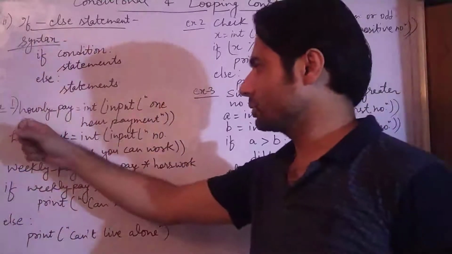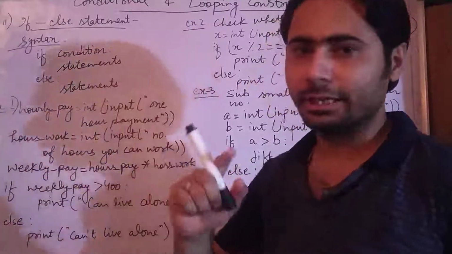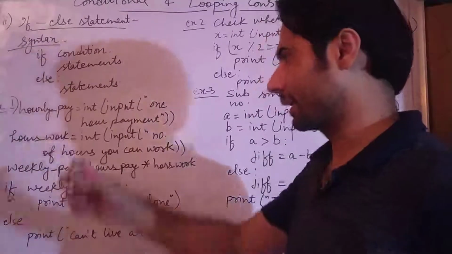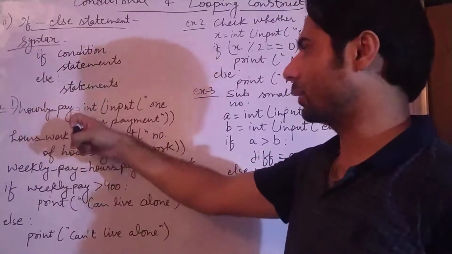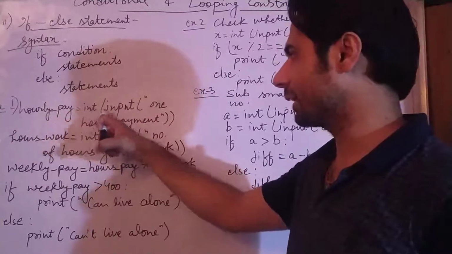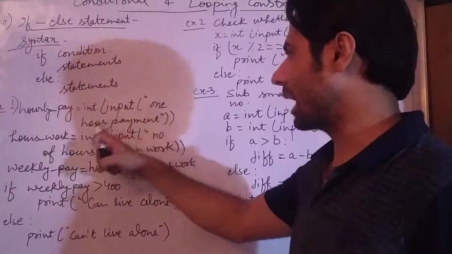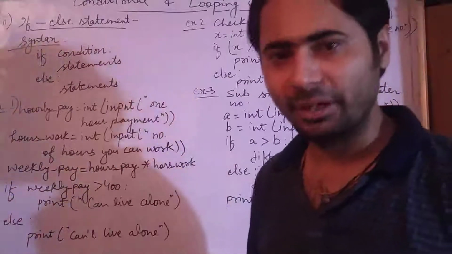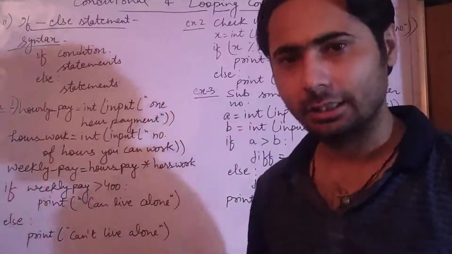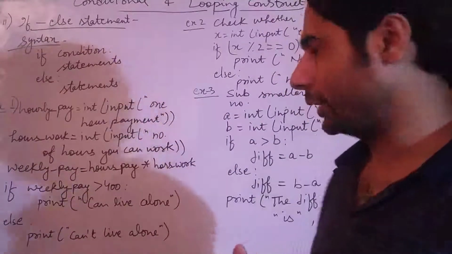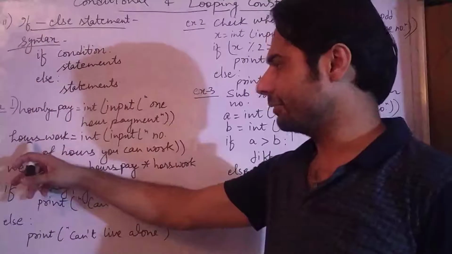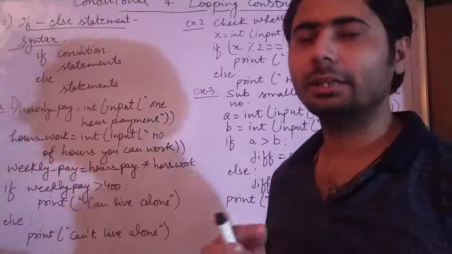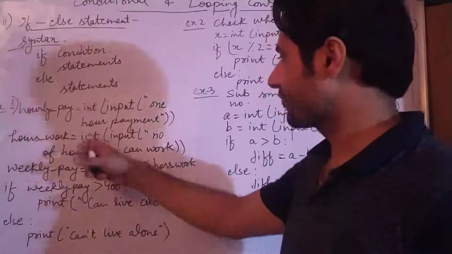Here I use a variable, hourly pay. It means कि 1 hour में उसको कितना पे किया जाता है. So hourly pay equals integer input, 1 hour payment. Firstly, we enter the 1 hour payment. The second variable is hours work, which means how many hours the person works.